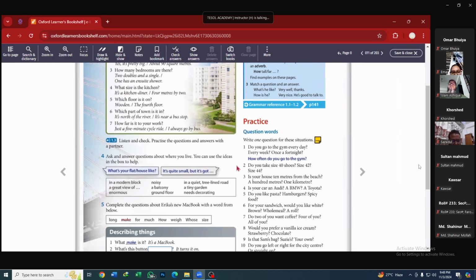Just like the last lesson that we did last class, where we described people by answering and asking questions, the same way we will be doing it regarding a place, or to be more precise, our home. The place where we live, we will be describing by asking questions. Others will be asking questions, and you will be answering those questions according to the home that you live in.